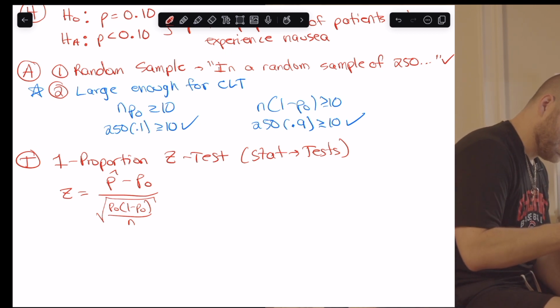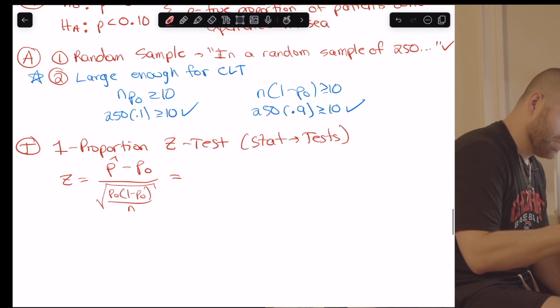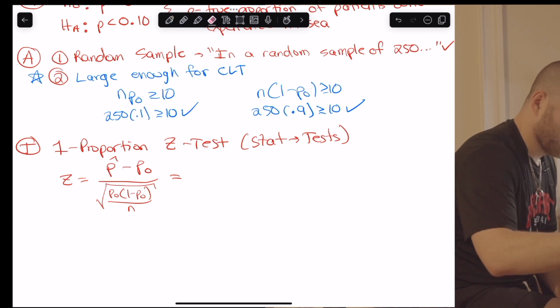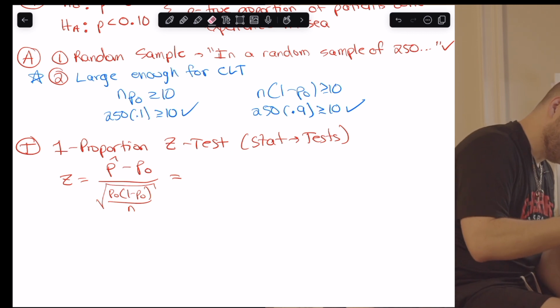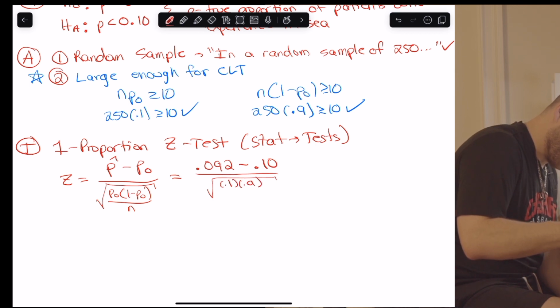So in this case, my sample proportion here was what? 23 out of 250. So this would be whatever that is. If I do that very quick math here, 23 over 250 is 0.092 minus my null hypothesis, which is 0.10, over the square root of 0.1 times 0.9 over 250, right?